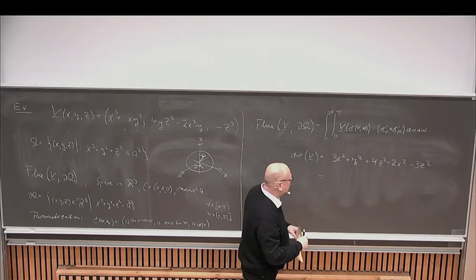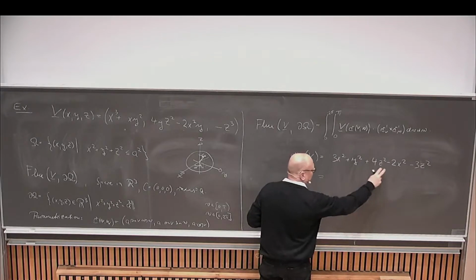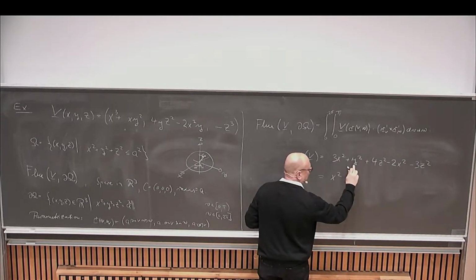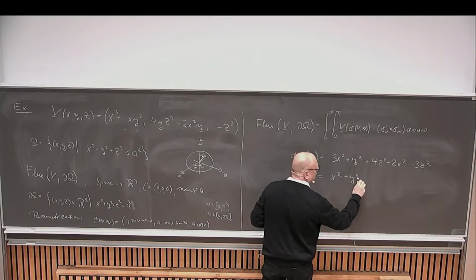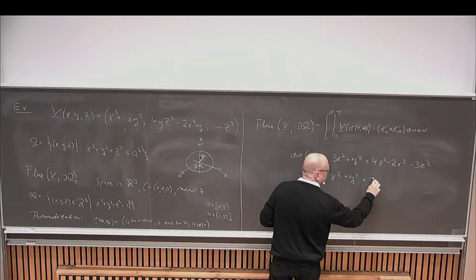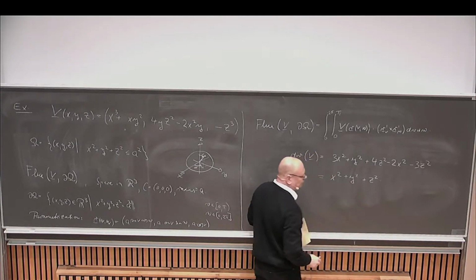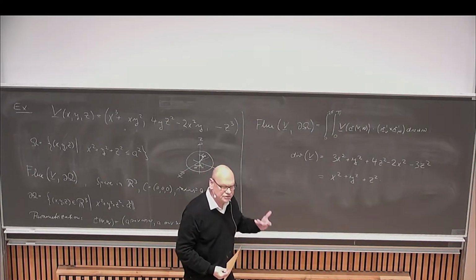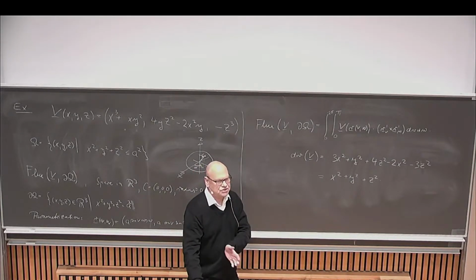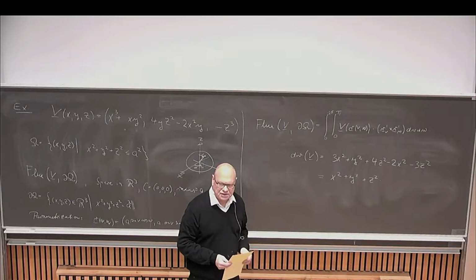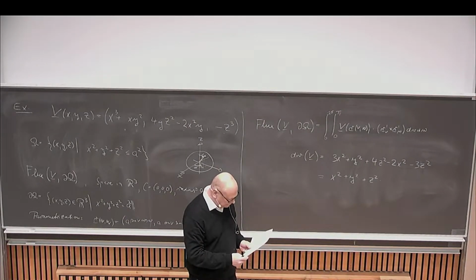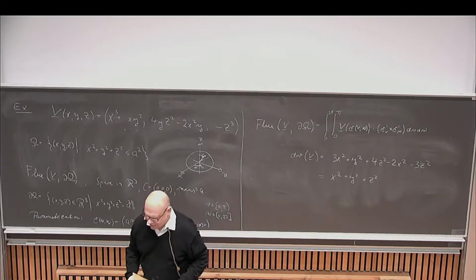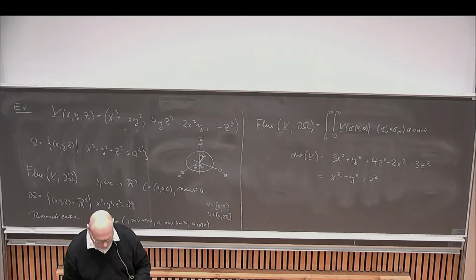So when you collect terms, you get 3 minus 2, that is x squared plus y squared plus z squared. And that looks pretty simple. It's not a constant divergence, so you cannot just take it outside your integration, but it's okay to work with.